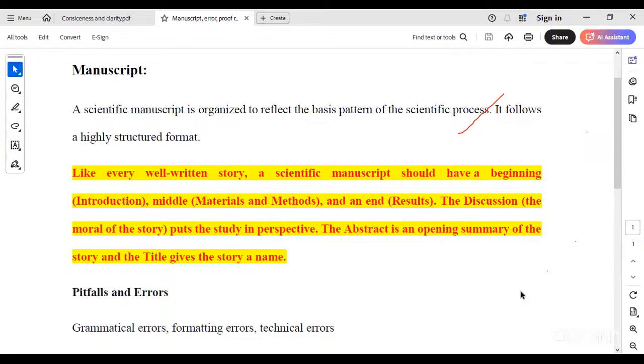Yesterday I mentioned that from any field you can do research and write a research manuscript. Whatever your field of expertise is, you can do research and write it down in the form of a research article, a review article, or a case study. If you are doing MS and PhD, you have to write a thesis. And there's one type of scientific writing called synopsis.